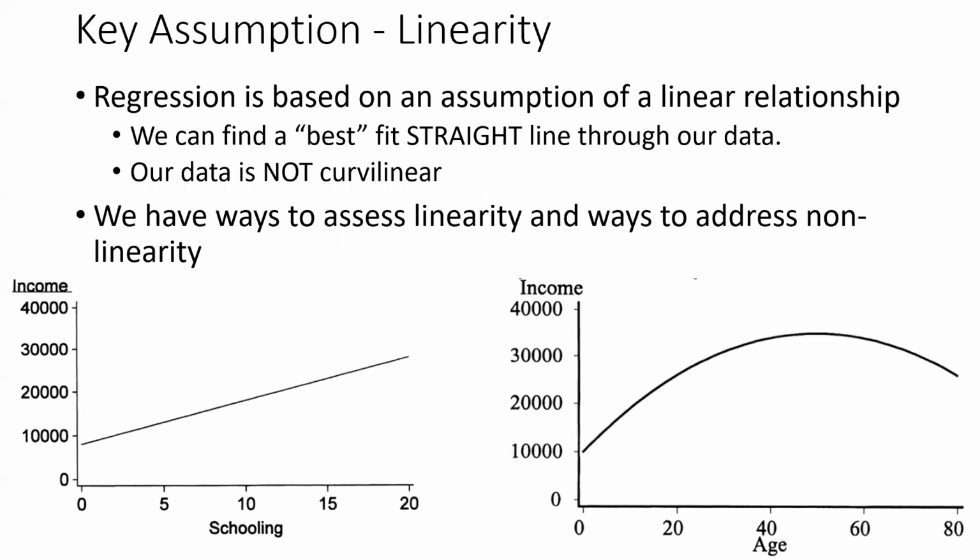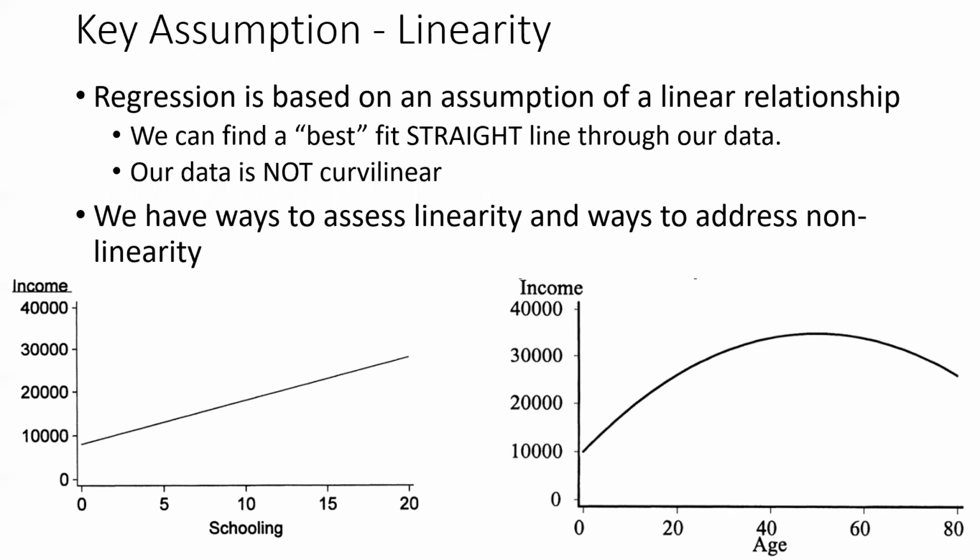As with bivariate regression, which we talked about last week, multiple regression is based on an assumption of linearity, an assumption of a linear equation, a linear relationship between variables. In other words, there's a straight line through our data, and the data itself is not curvilinear.